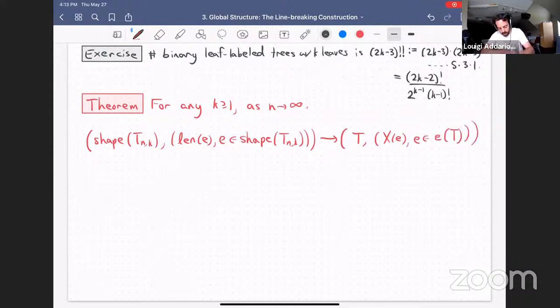This is convergence in distribution, and to make that a more interesting statement, I should tell you what the limit is.